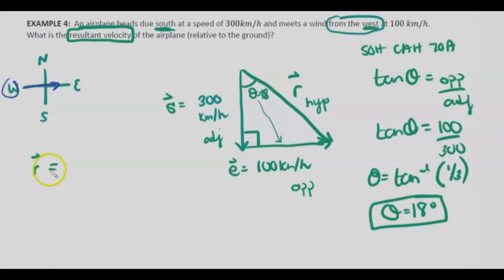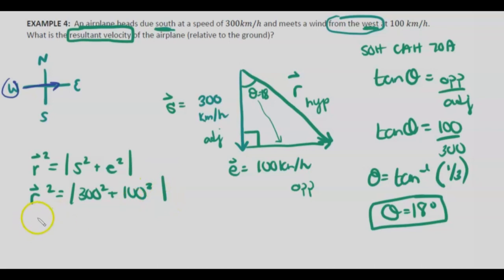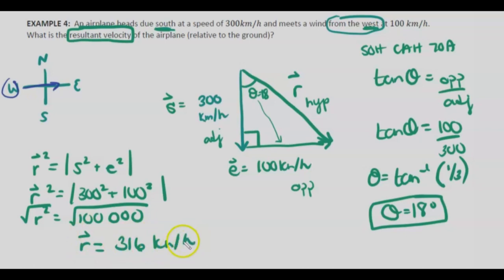So the resultant vector r squared is going to be 300 squared plus 100 squared, which is 100,000. Then we square root both sides, so we get vector r equals 316 kilometers per hour.